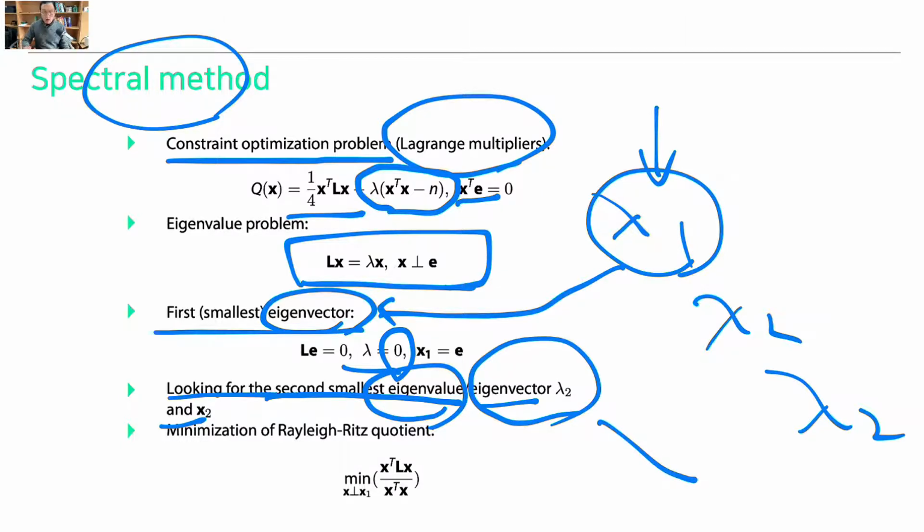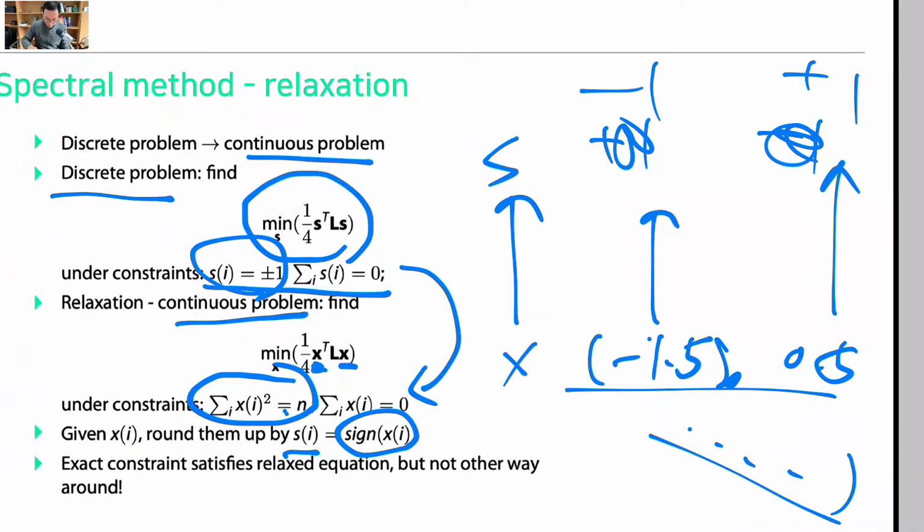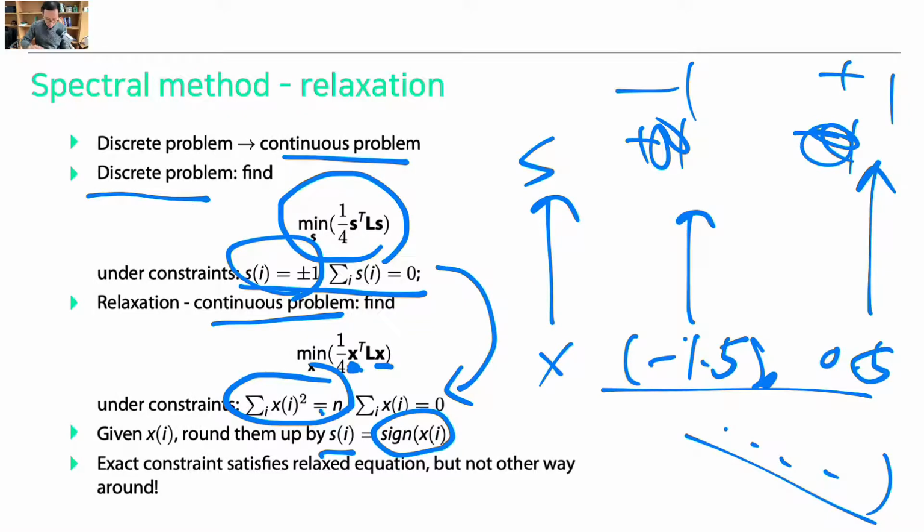So, in summary, the minimizing graph cut problem is relaxed into floats, considering the new float identifier.